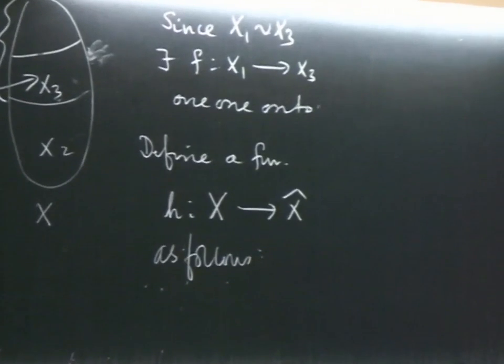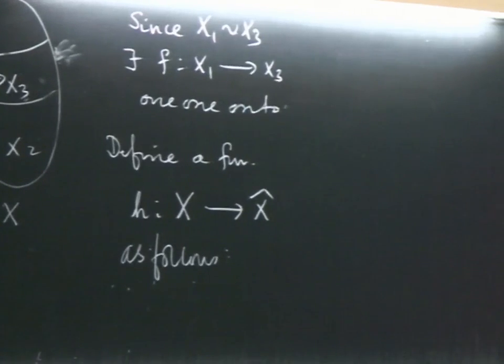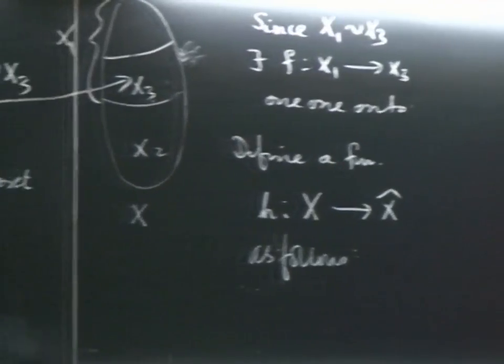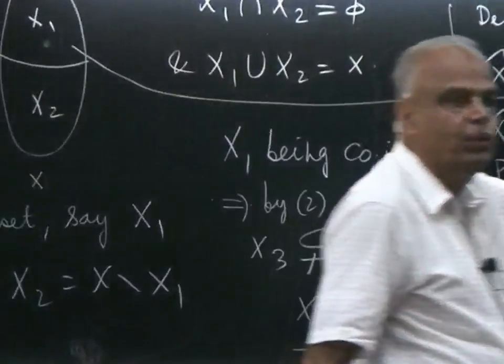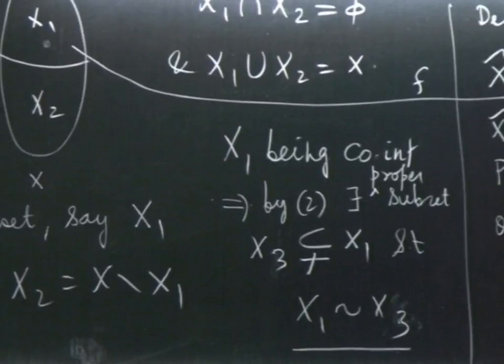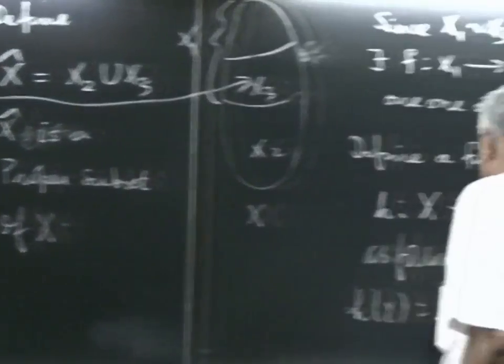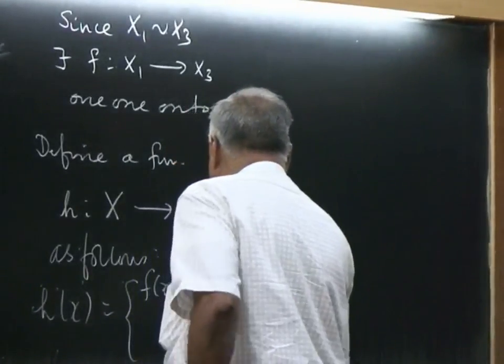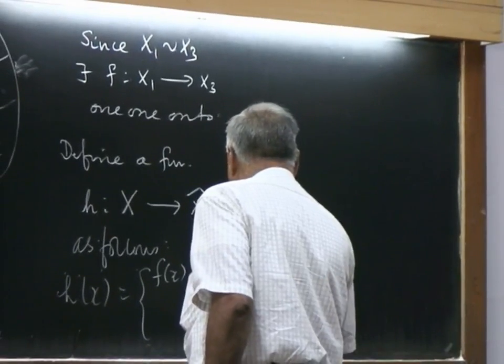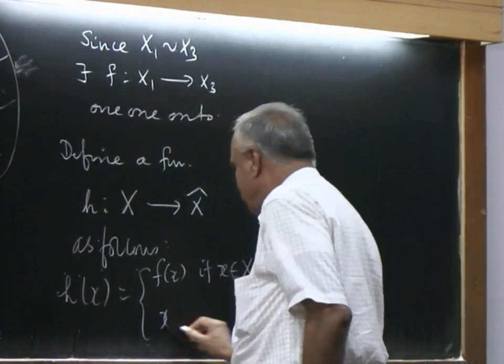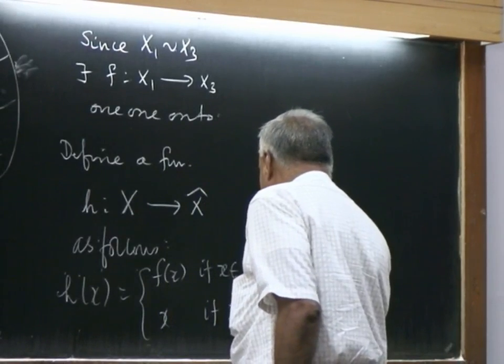The result must be in X hat. It must take every element of X into X hat. The elements of X are made up of two parts. Whenever an element is in this part, f tells us what to do, and when it is in the other part, just don't do anything. So define as follows: h of x is equal to f of x if x belongs to X1, and x itself if x belongs to X2.